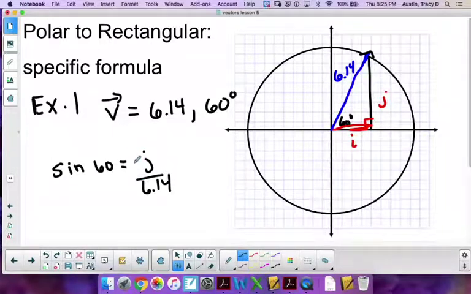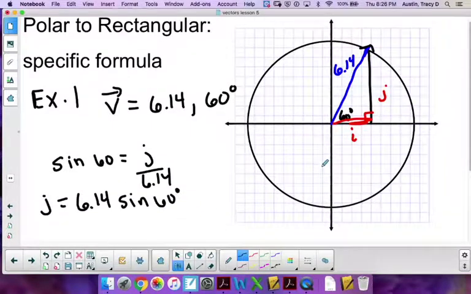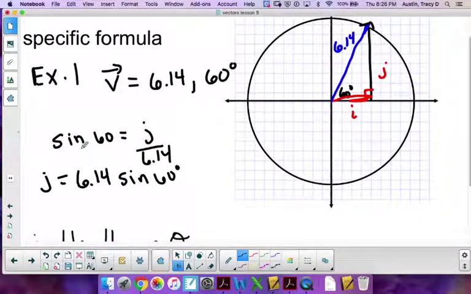If I wanted j by itself, and we've done this before, we would have to multiply both sides by 6.14. So j is going to equal 6.14 times the sine of 60 degrees, because that's the angle that's there. And that means i is going to equal, doing the same exact thing, cosine of 60 since it's adjacent.